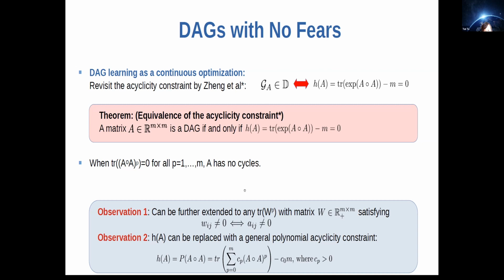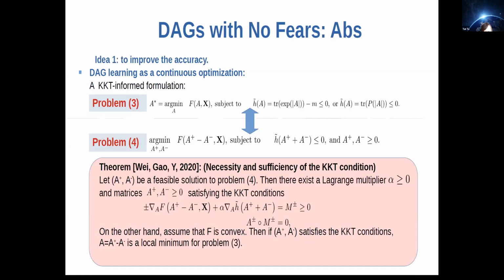So we try to replace that with a polynomial acyclic constraint. Here is our proposed method. Instead of using the exponential, maybe we should use the absolute value of A. It does the same job: Aij is equal to 0 if and only if the absolute value of Aij is equal to 0.